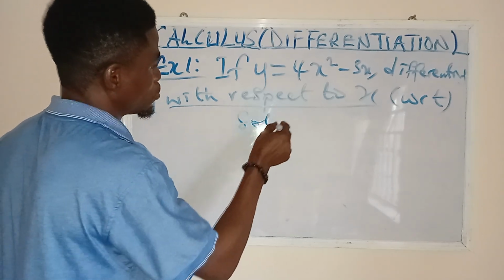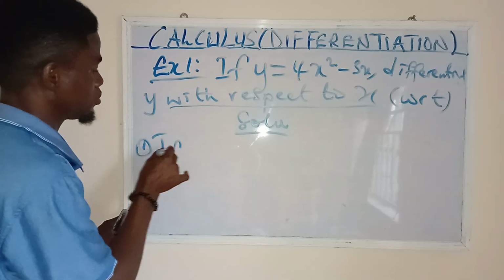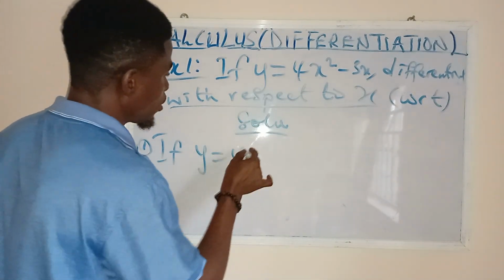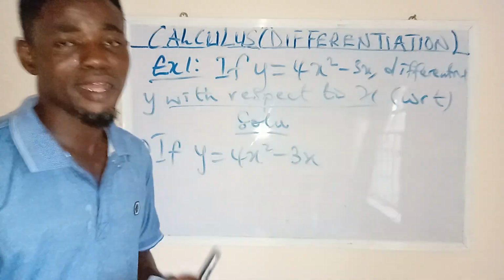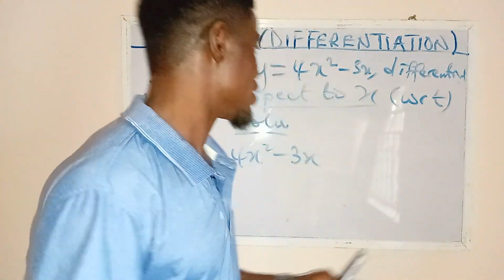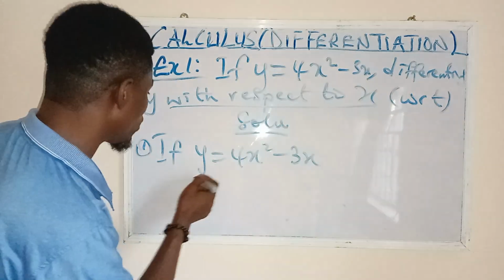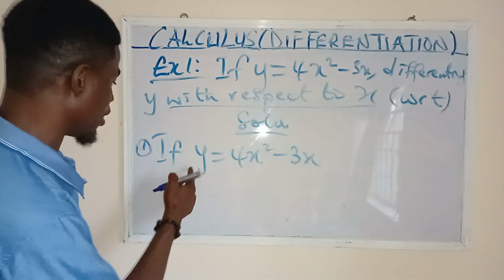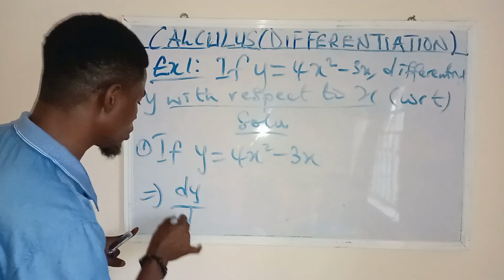Solution: we have y equals 4x squared minus 3x. In this case you can use the sum and difference rule, or the normal rules that I wrote on the board, or the Leibniz formula. This gives dy/dx.